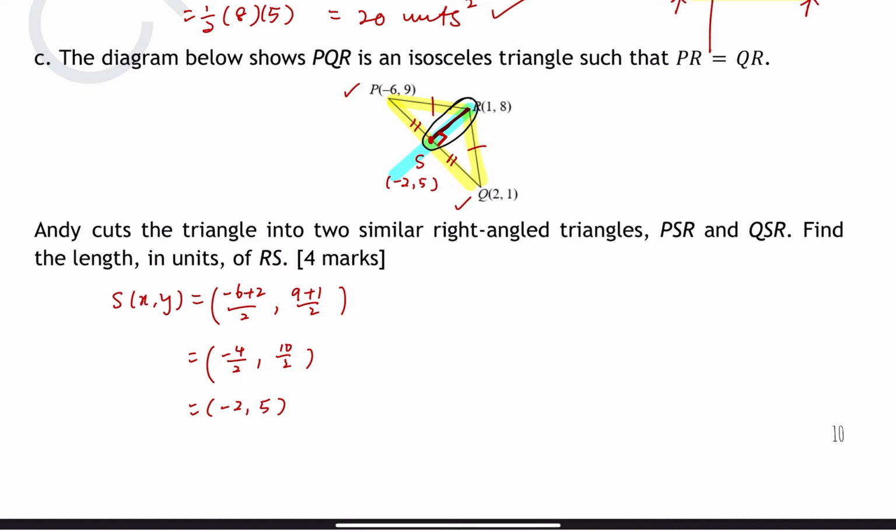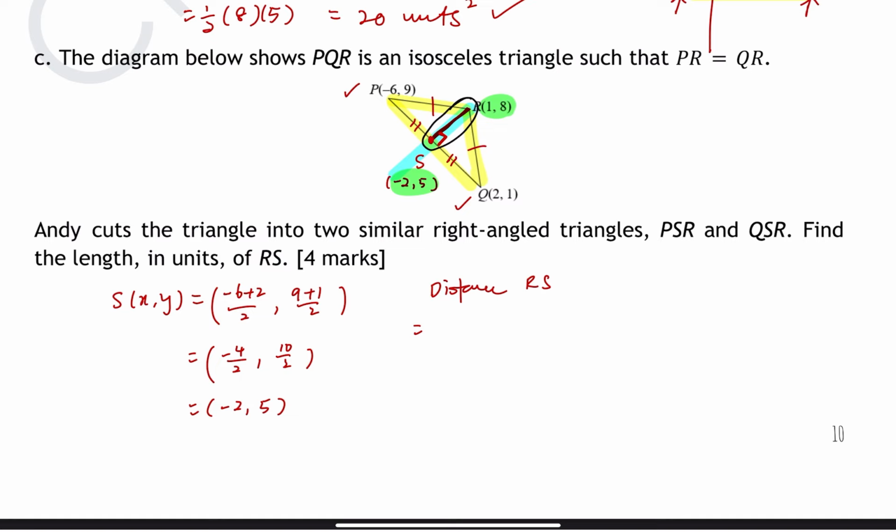So to check on the distance between 2 points, we will check whether the line is referring to the horizontal line, the vertical line, or slanting line. In this case, your RS is slanting because you have different coordinates for your x and y value. So to solve this, you will just perform your Pythagoras theorem again, right? So distance of your RS, you will just use the difference of x square plus the difference of your y square, and you square root one more time.